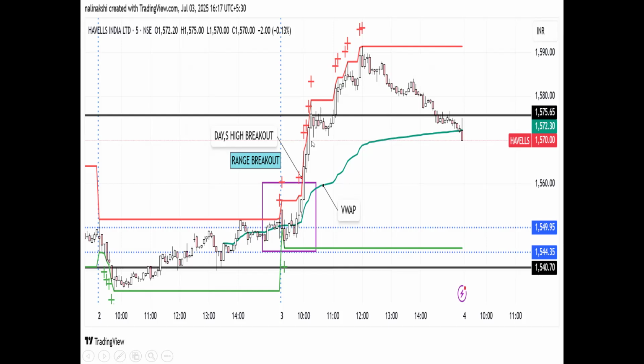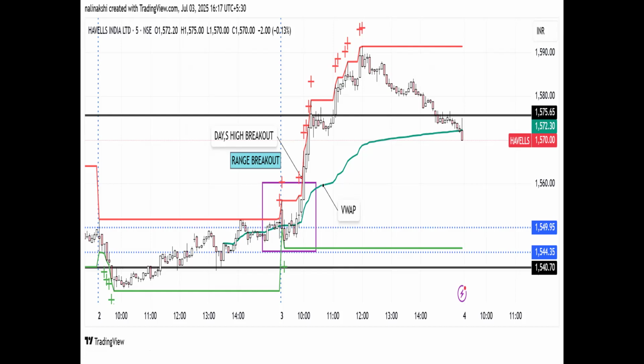That's why it is very, very essential to note down the day high and day low. Probably nobody might have talked about this. Everybody talks about previous day high, previous day low, weekly high, weekly low.